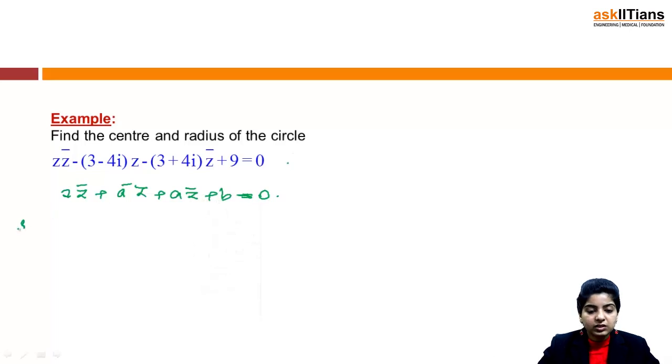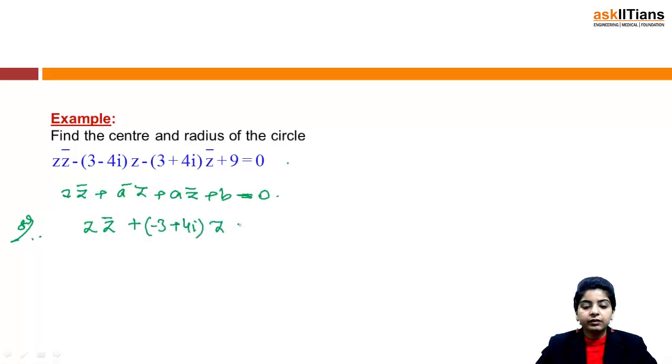So this can be written as z z̄ + (-3 + 4i)z + ā z, I'm just taking the negative sign inside so that I can have the terms of the form ā z + a z̄.